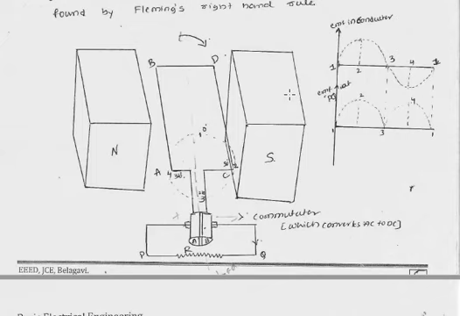If you hold your forefinger, thumb and middle finger in such a way that each is at 90 degrees, or a right angle, to each other, then if you point the forefinger to the direction of the magnetic flux, and the thumb to the direction of the motion, then the middle finger will give you the direction of the EMF induced or the direction of the current. Using that principle, we can find out which direction the EMF is induced.